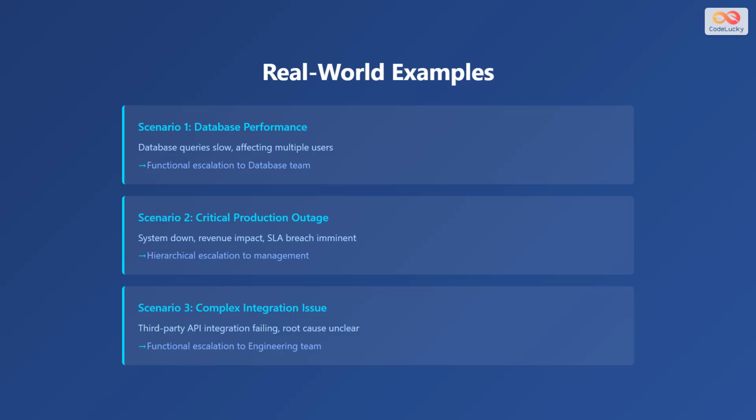This requires hierarchical escalation to management for priority handling and resource allocation to restore service quickly. Scenario 3. A third-party API integration is failing and the root cause is unclear. This requires functional escalation to the engineering team who can investigate the integration, review API documentation, and implement fixes.